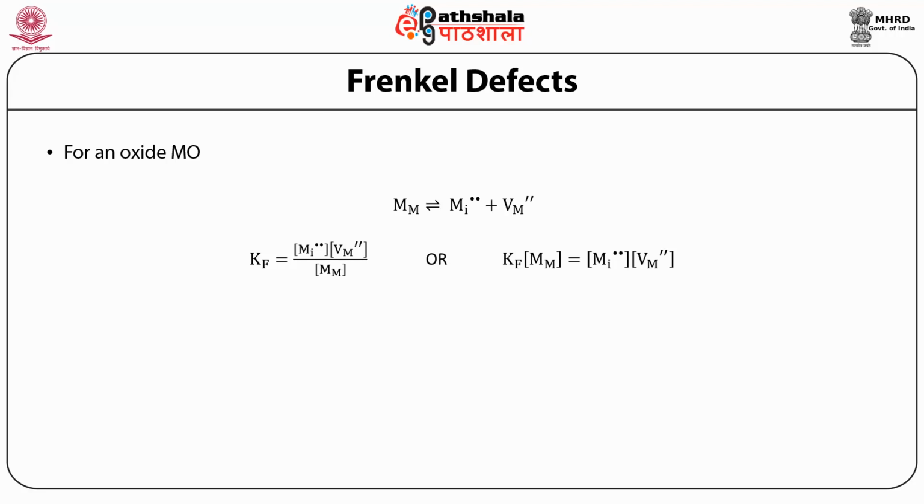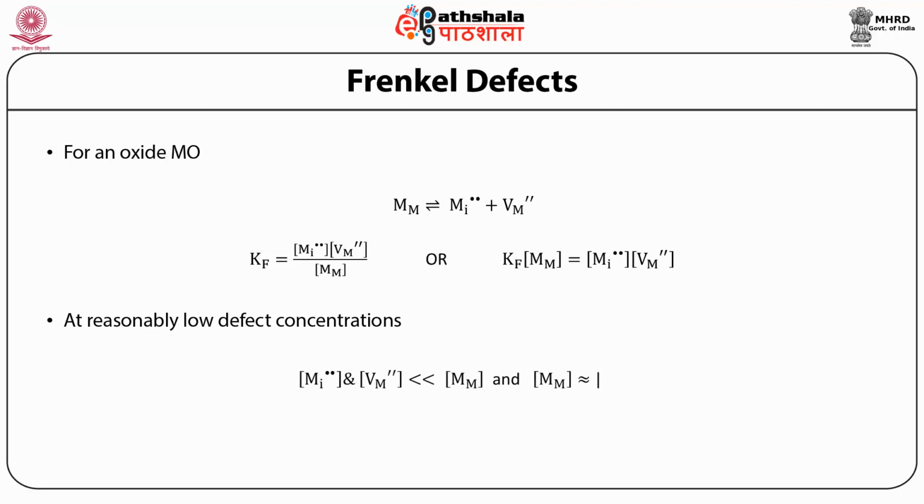Or it can be written as Kf times the MM concentration is equal to the concentration of Mi double dot and VM double prime. At reasonably low defect concentration, when Mi double dot and VM double prime are very much less than MM, then MM is approximately 1.